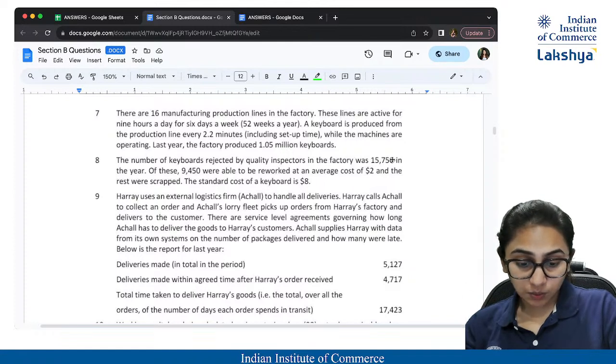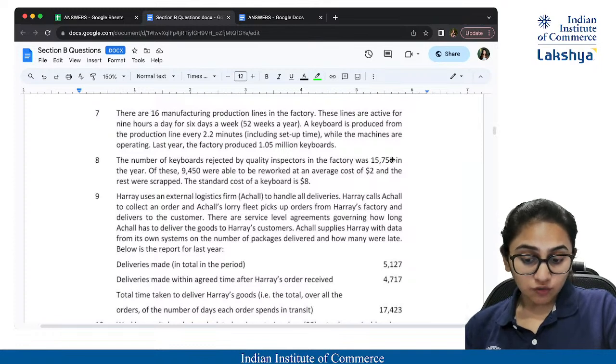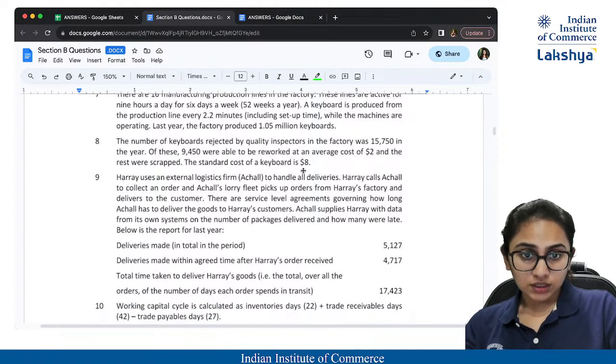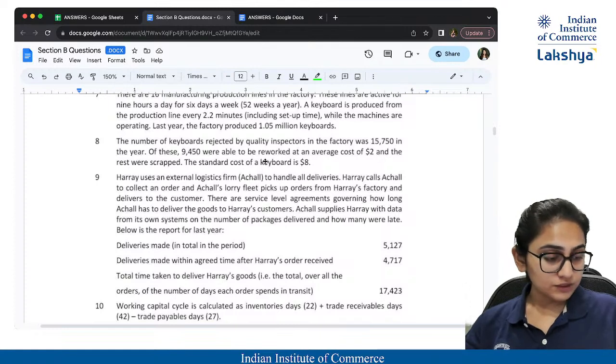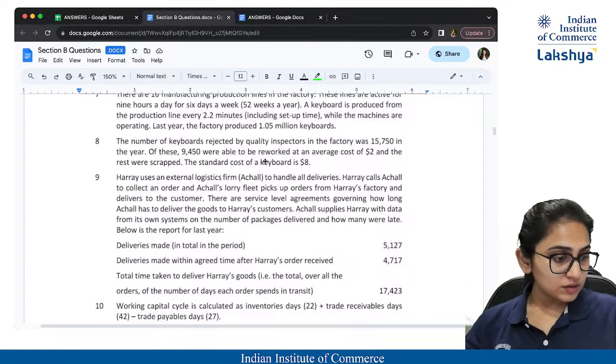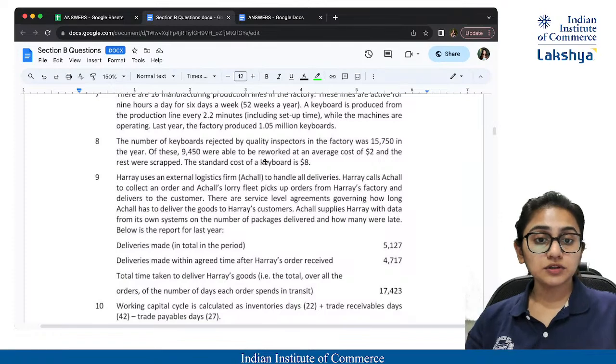So it was 1.5%. 0.4% of the orders were returned, while inspection stopped the delivery of 1.5% of faulty goods. So the number of keyboards rejected by quality inspectors in the factory was 15,750 in the year. Of these, 9,450 were reworked. That is 60% were reworked.